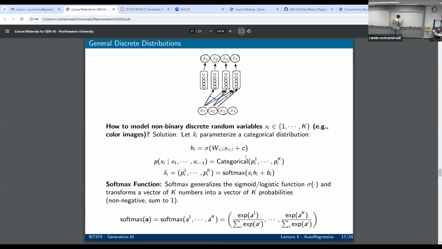We have this vector H, and we have K classes. We're technically doing a multi-class classification, or predicting multiple categories, or multi-pixel colors. H has a dimension, let's say D by 1, but what you want to predict has a dimension of K by 1.